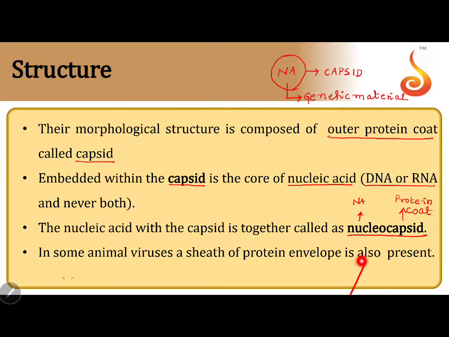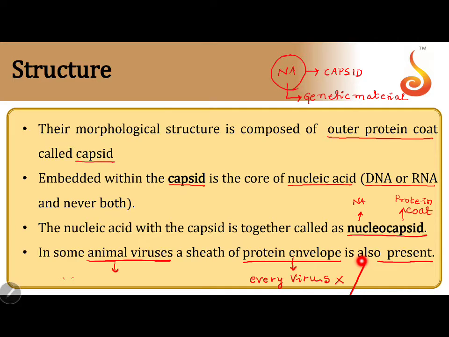But this slide says in some animal viruses, a sheath of protein envelope is also present. So, in some animal viruses, that means this envelope is not seen in every virus. Not a character in every virus.